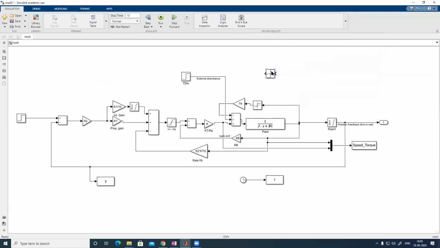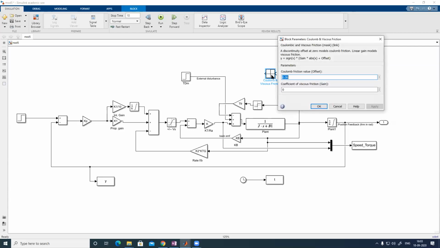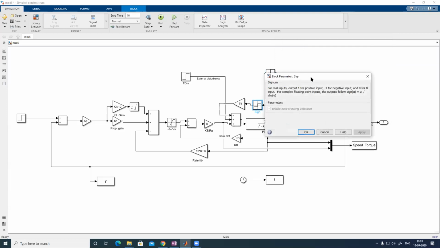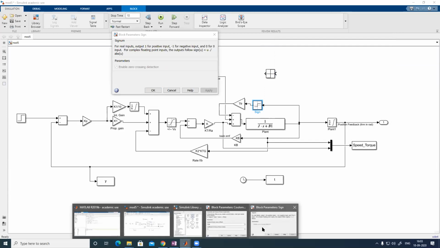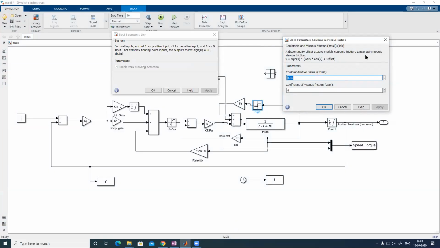This is also the same. This is actually the signal function. These blocks you can check. This is sign of u, meaning u into absolute value of u. Here also absolute value of whatever it is, multiplied by this offset and multiplied by this gain.